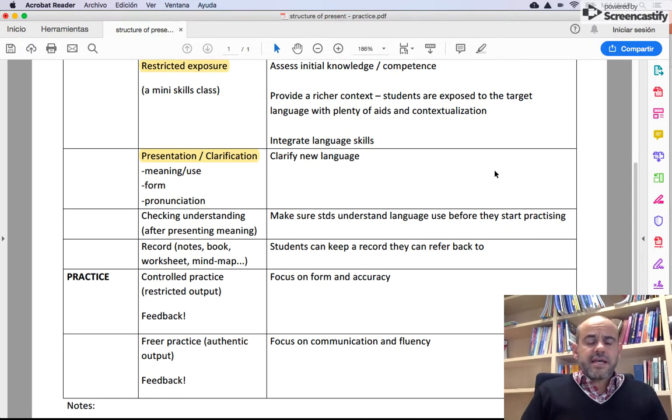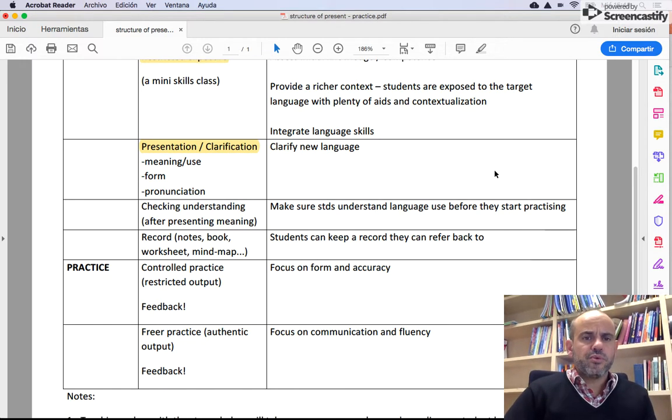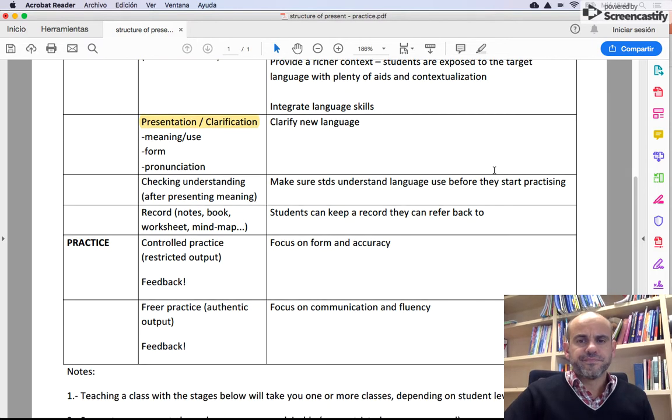Once the context is set, we move on to the presentation or clarification of the new language. And typically here, as we have seen in class, we move from the oral to the written, assuming we do want to use the written. In other words, we start with the meaning, use, and pronunciation, and then we move on to the written form.